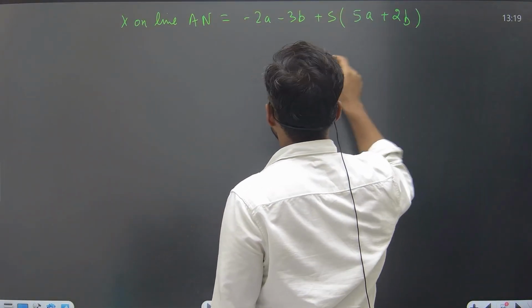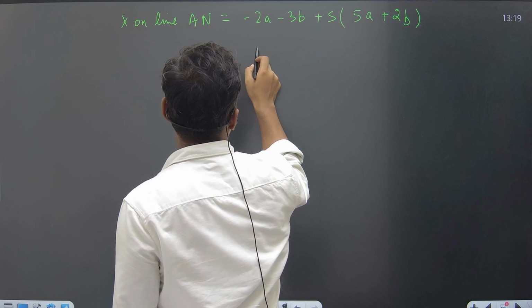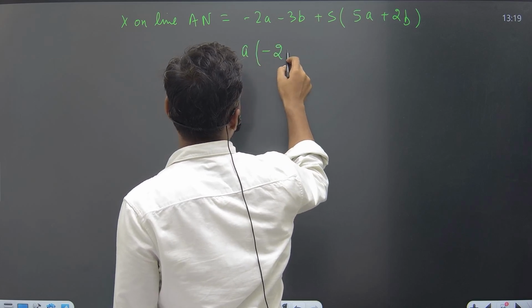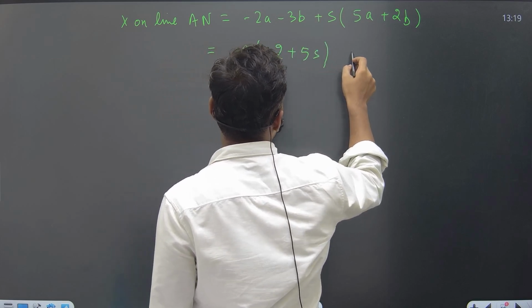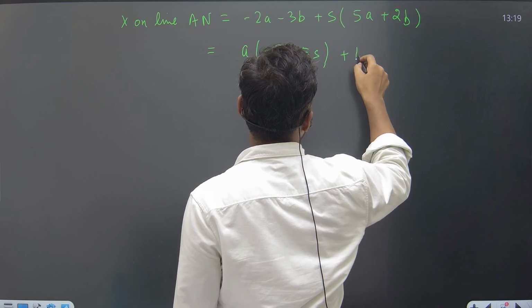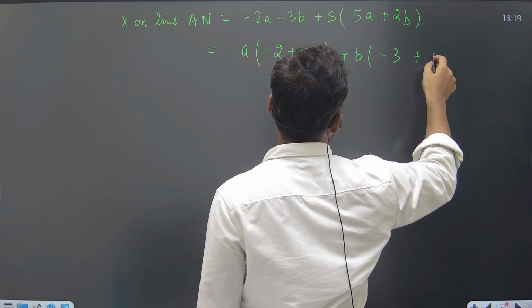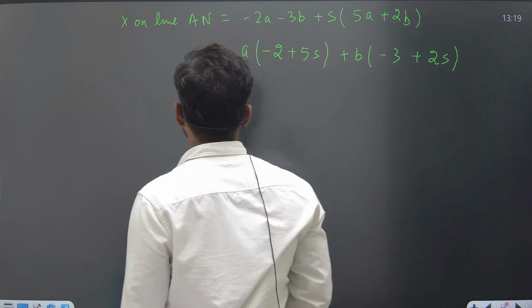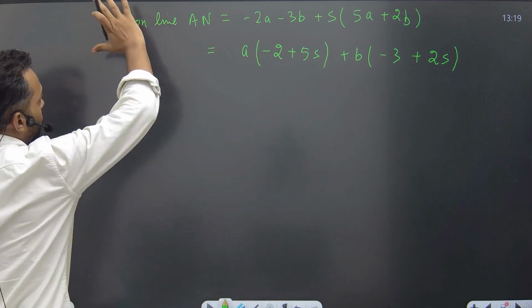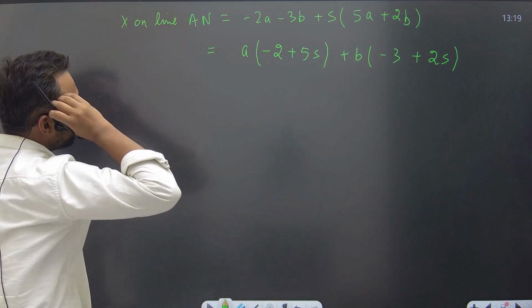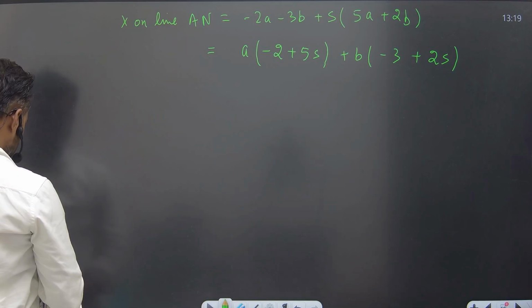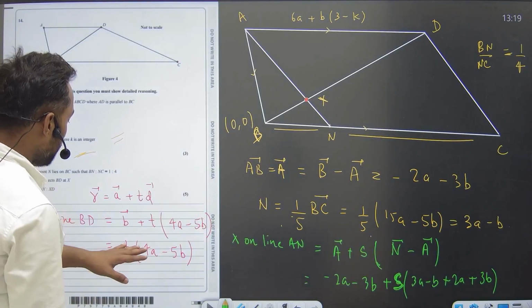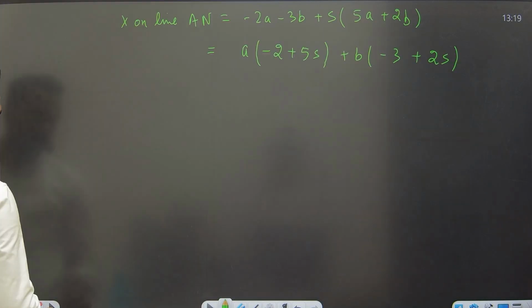So if I take the coefficient of a, it will be minus 2 plus 5s. Similarly, the coefficient of b will be minus 3 plus 2s. This is the parametric value of x on line AN, and on line BD we have calculated t times 4a minus 5b.